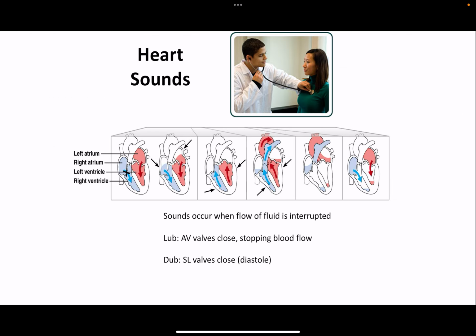All right, so heart sounds, we already talked about these. Sounds occur when the flow of fluid is interrupted. So it's not the actual snapping shut of the valves. It's when the blood hits up against them, when blood flow has stopped. So the lub is the AV valves closing, stopping blood flow.